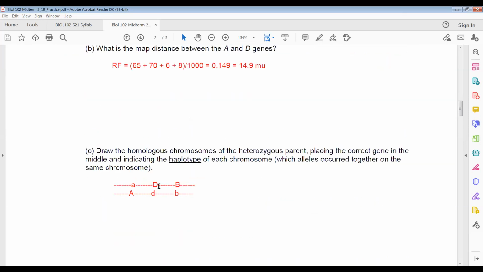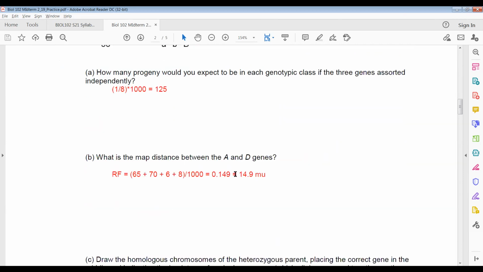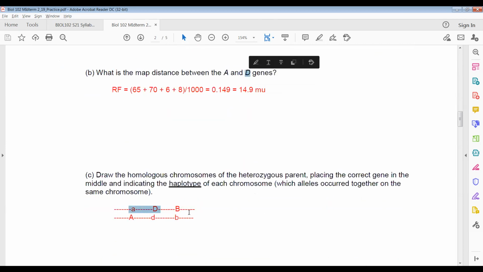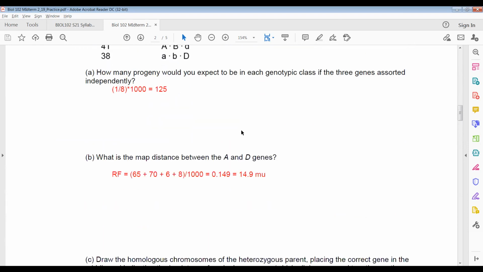Once you got this, for example, if I ask you to calculate the map distance between A and D, you know the parental type of A and D, little a and big D, or big A and little d. Then you look into the other categories to figure out the non-parental type.